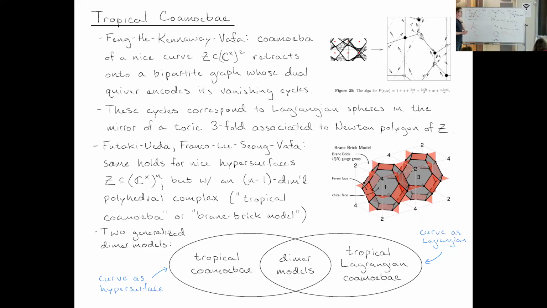And the spectral transform was really about the curve as a Lagrangian. So anyway, for dimer models in dimension 2, there are really two general theories that are intersecting. This is the big picture. And they intersect because curves in C star squared are the intersection of hypersurface geometry and Lagrangian geometry.